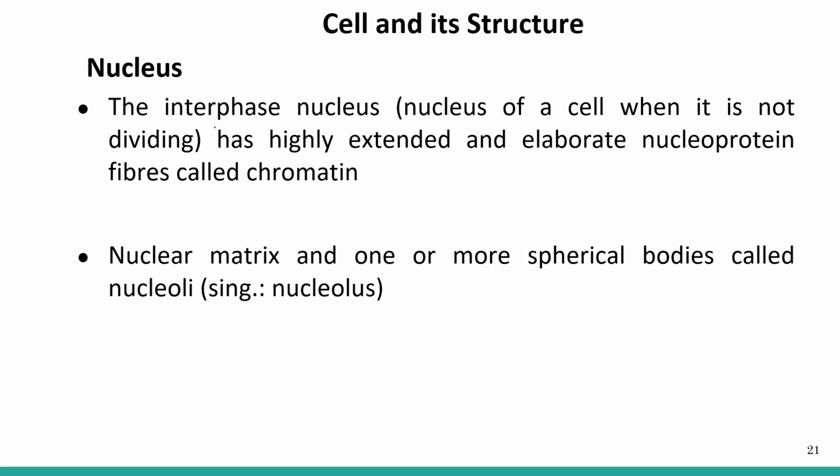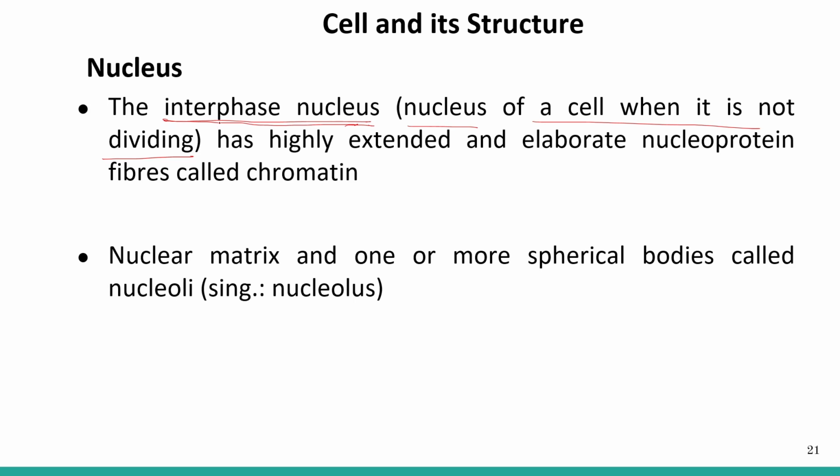The interphase nucleus. We have a cell cycle, and inside the cell cycle we have phases like interphase, the nucleus of a cell when it is not dividing. When the nucleus is not dividing, we can say that the cell is in the interphase stage.